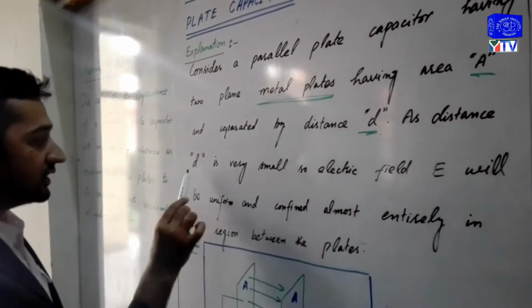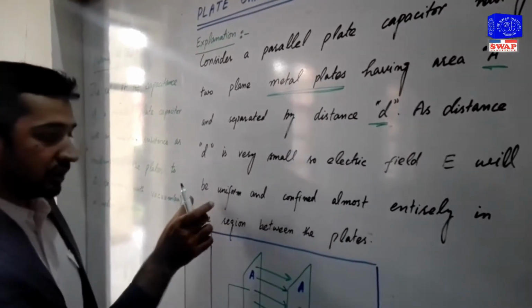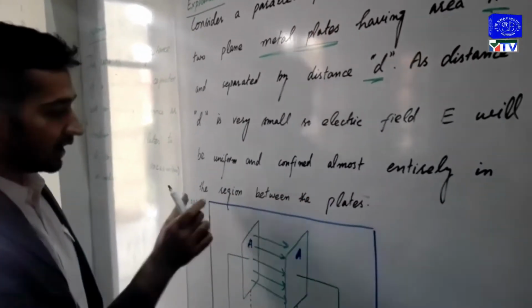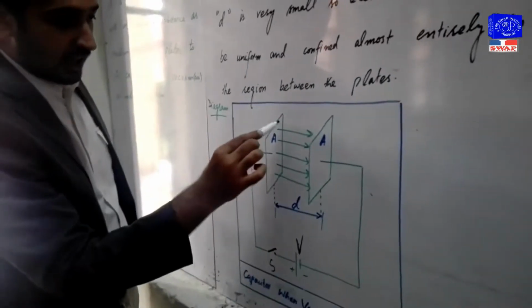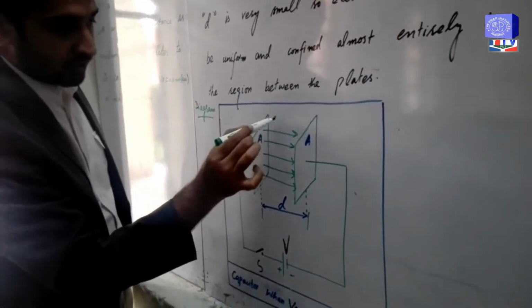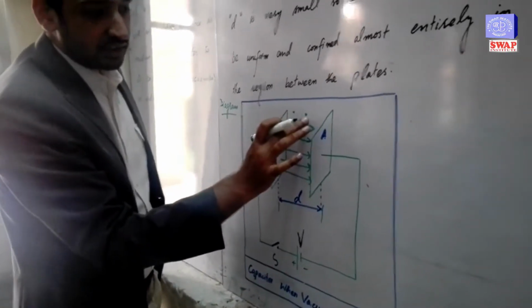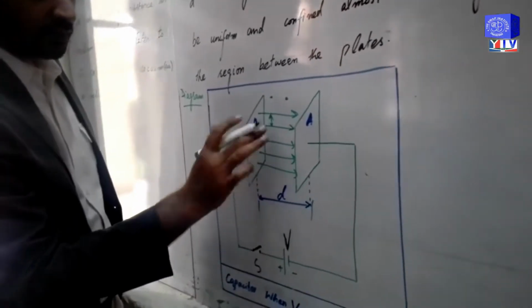As the distance D is very small, so the electric field lines will be uniform and confined almost entirely in the region between the two plates. Basically the intensity of the field will be the same everywhere, and uniform means parallel.